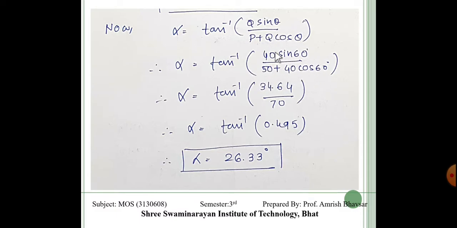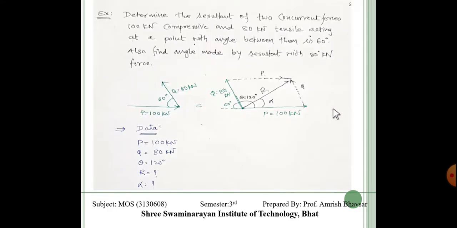After calculating this, we get alpha is equal to tan inverse 34.64 upon 70. So alpha is equal to tan inverse 0.495. So we will get alpha is equal to 26.33°. This alpha is always with the horizontal force, and that is our bigger force.